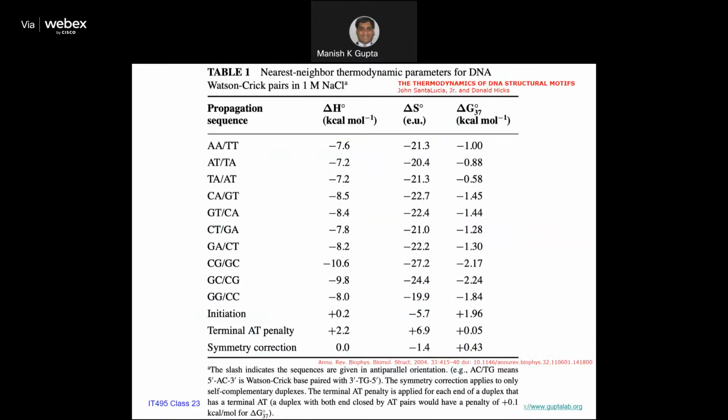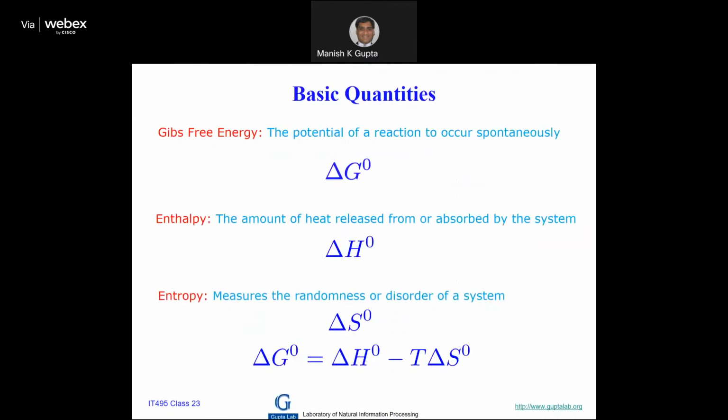By the way, I am not such an expert on how to get these values; that is for people who really do that kind of work. The basic quantity is Gibbs free energy, delta G. This is the potential of a reaction to occur spontaneously. Enthalpy is the amount of heat released from or absorbed by the system.